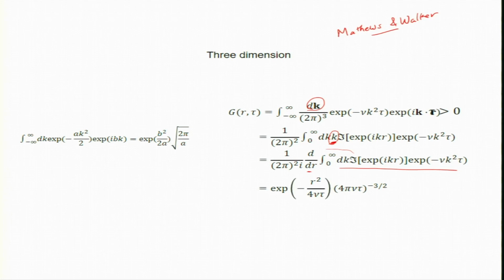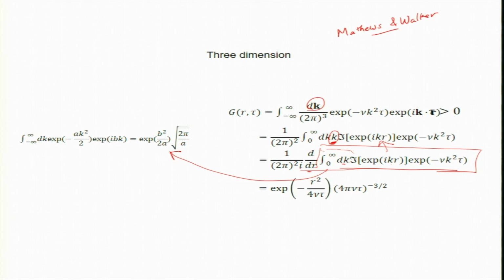So d by dr of this will give you Ik. k cannot be pulled out, this is a dk integral, so k will be inside, but I can cancel here. So this is d by dr divided by I. This one is exactly the same as that, other than 2 pi squared. Now this integral we know how to do with this formula.